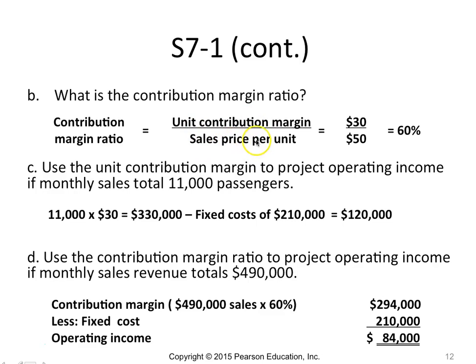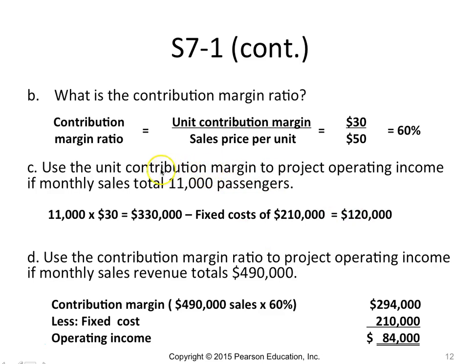So this is per unit, and you get to this. If you don't have the per unit values, the contribution margin divided by sales revenue is also going to get you 60%. That's what I did before. In the previous slides, we talked about how they are the same thing. And basically, you know the relationship between all these terms, and if you get two numbers, you can find a third one.